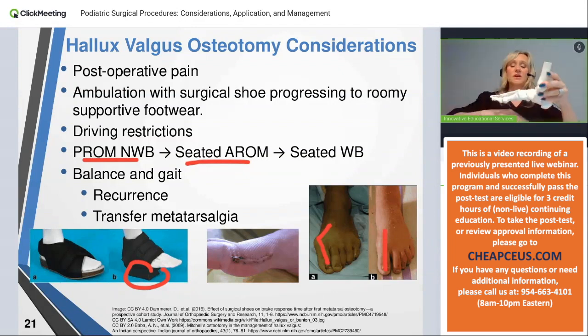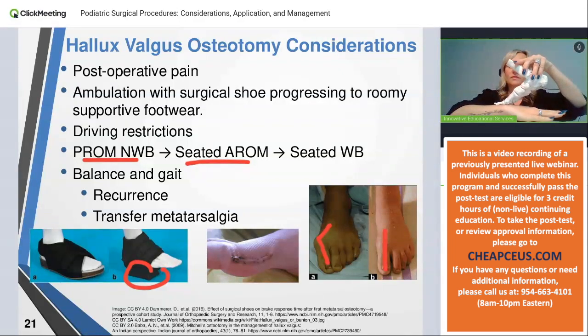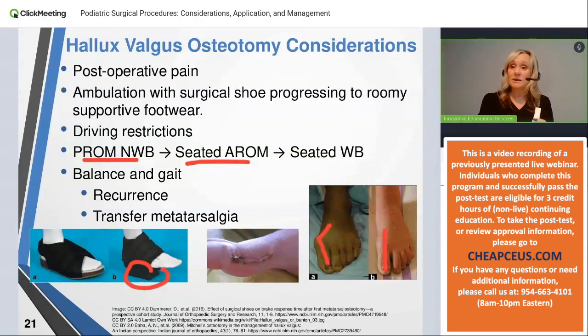When they're sitting, you're progressing to the point where you're going to let them lift their heel up as they're reaching for something, because that's a way to encourage them to get that proprioceptive feedback back, start to rely and trust that foot again as we progress more into our seated weight bearing activities. And then further out, like 8 weeks, we're doing more balance for that particular patient, and we're holding off later into the rehab for those different high impact activities.